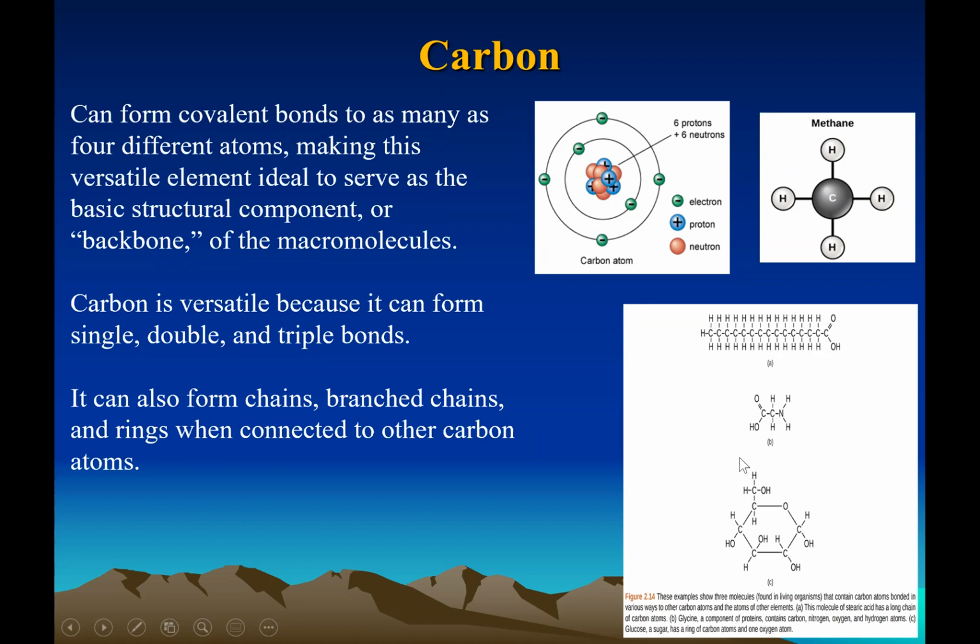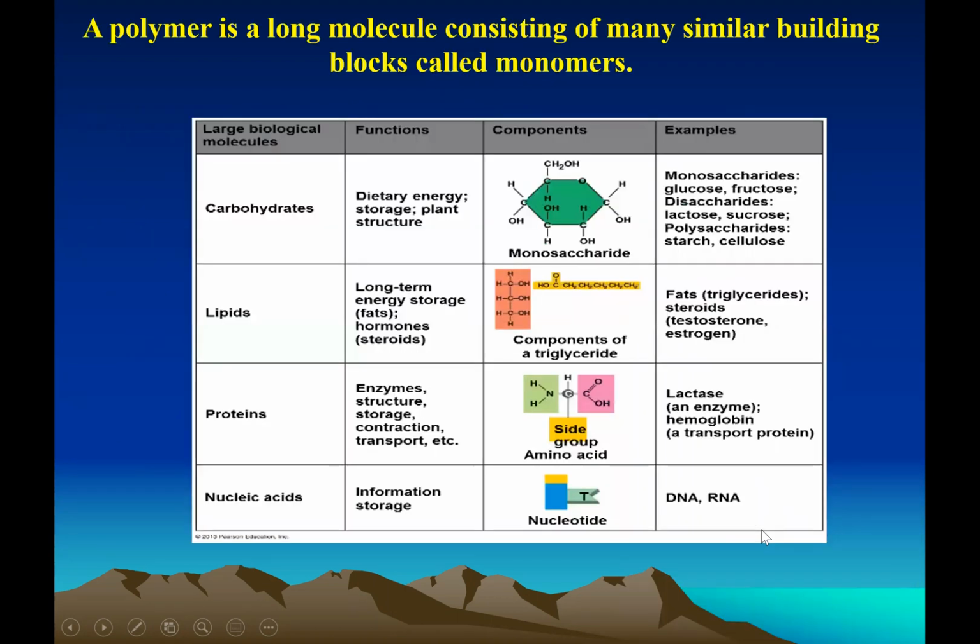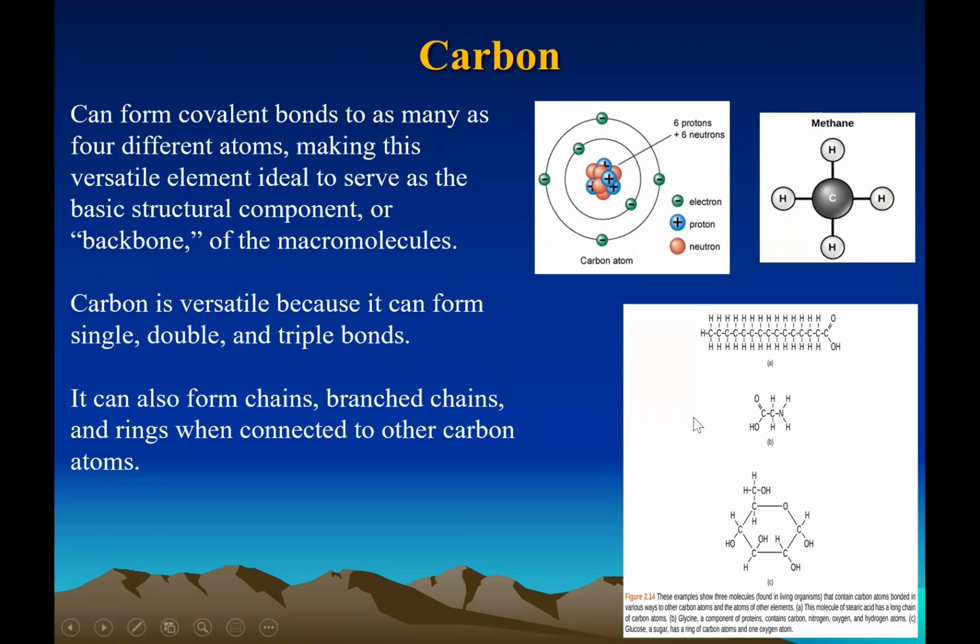And another uniqueness of carbon is that it can form long chains like CH2, CH2, CH2, thousands of times. And that is gasoline. Anytime you see carbon and hydrogen bonded together like this, it is a high energy compound. It can form linear molecules, or it can form cyclic molecules like this. So it's very versatile.